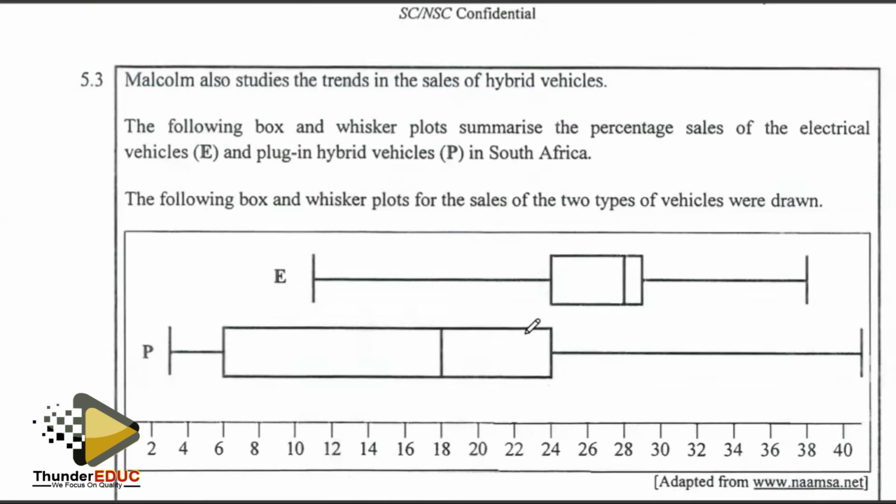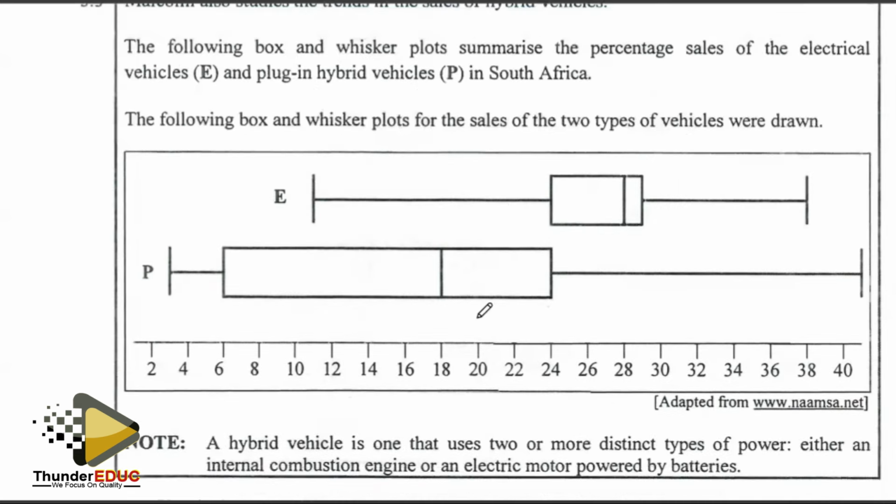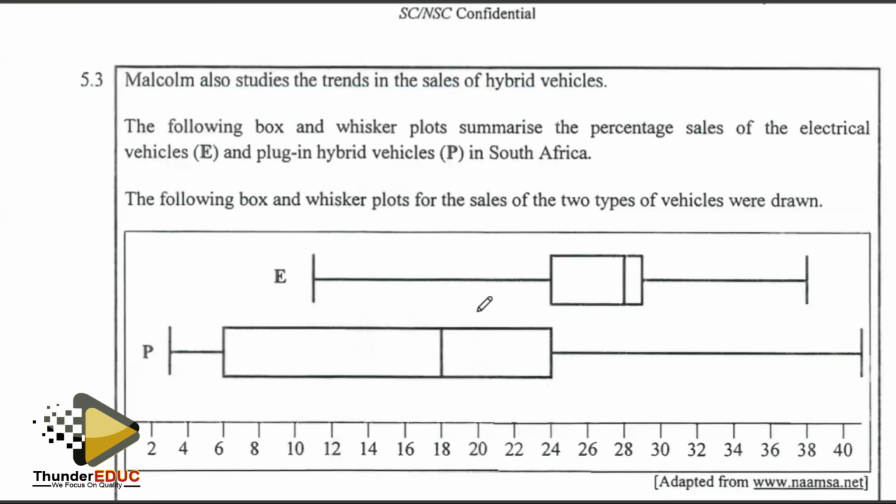Question number 5.3. We look at what we call box and whiskers. Malcolm also studies the trends in sales of hybrid vehicles. The following box and whisker plot summarizes the percentage sales of electric vehicles, E, and plug-in hybrid vehicles, P, in South Africa.